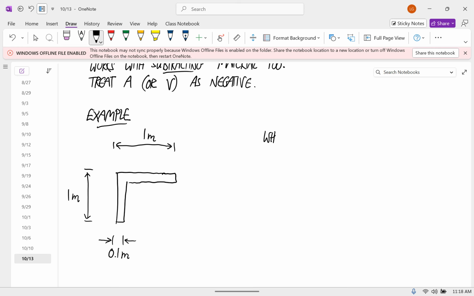And we want to calculate the coordinates of the centroid. In order to give coordinates, we have to choose a coordinate system. I'm going to put the origin over here. So that's going to be my coordinate system.